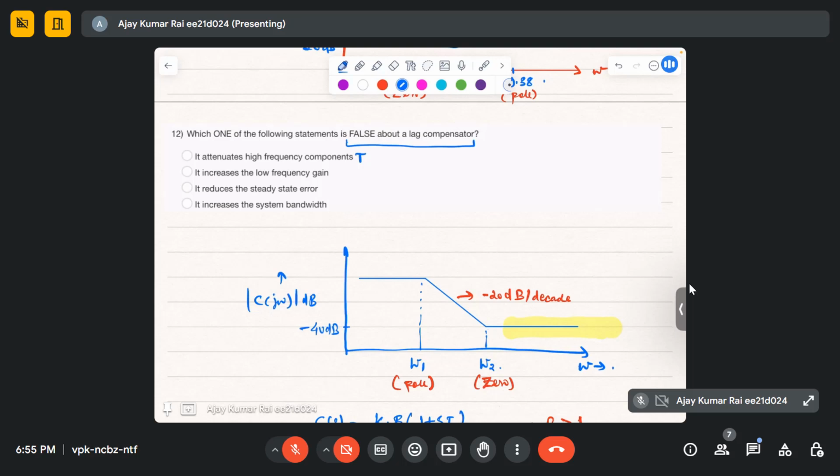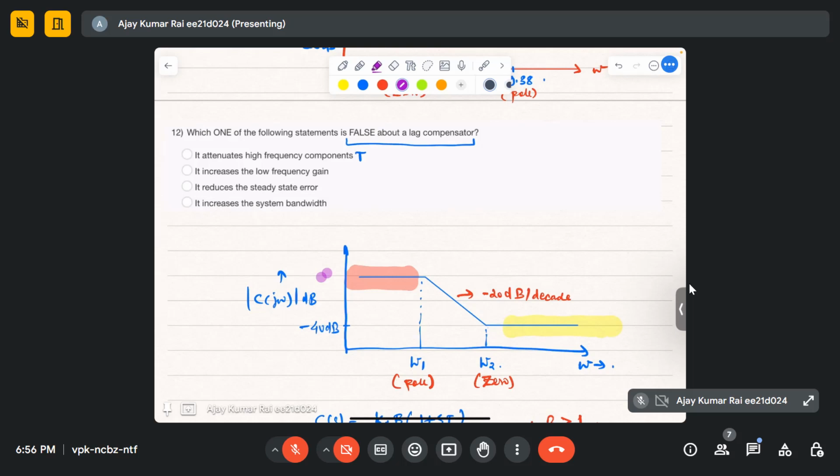Second, it increases the low frequency gain. So it talks about this, true or false? Let me write this, it can be like 20, let's assume this is 20 dB. So is it increasing or decreasing the gain at lower frequencies? Because you are going to add this gain, right?